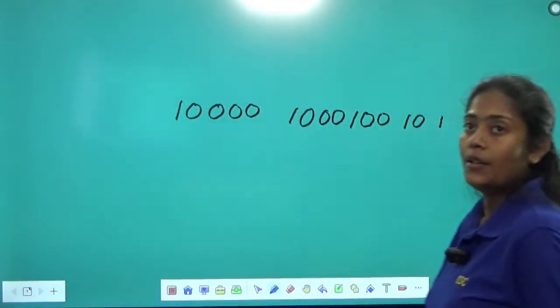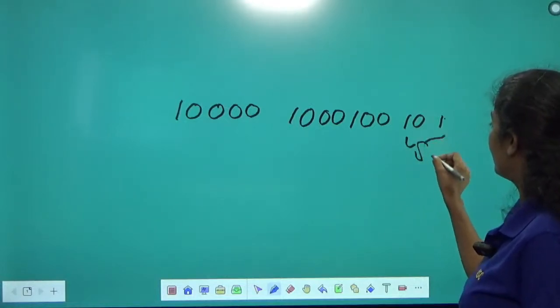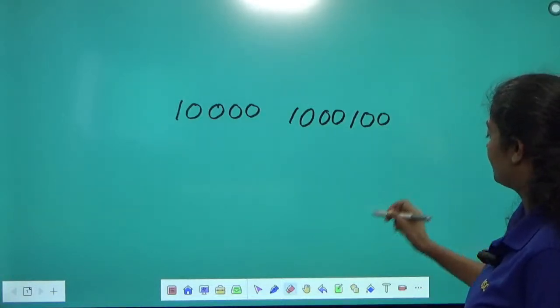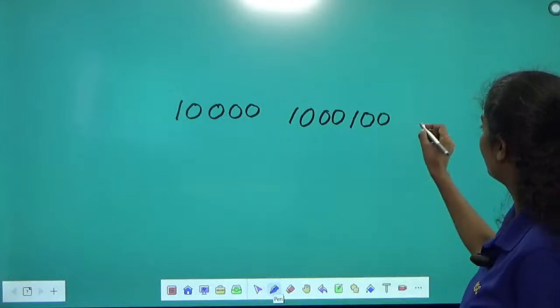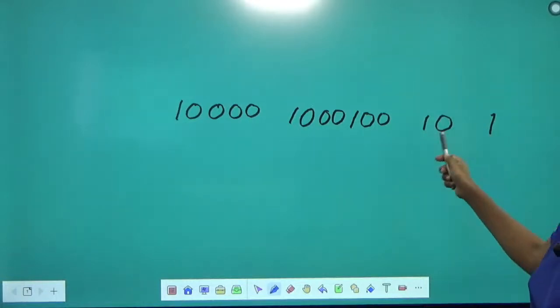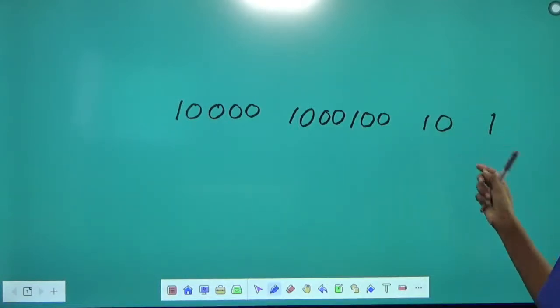When you consider two corresponding place values, that is 1 and 10, two consecutive place values, what happens when it goes from right-hand side to left-hand side? Here the ones place, that is 10 times of what?